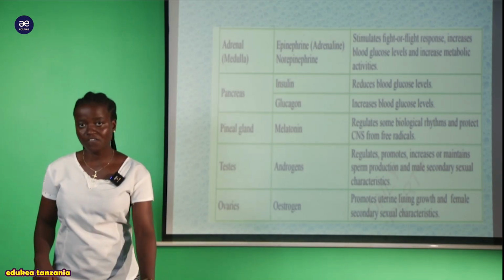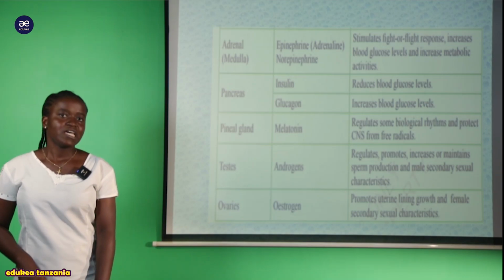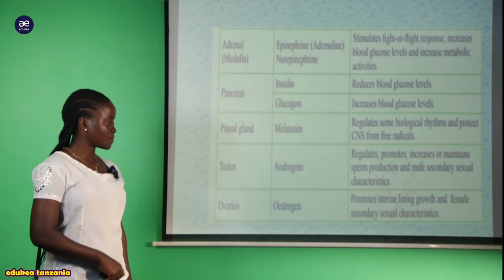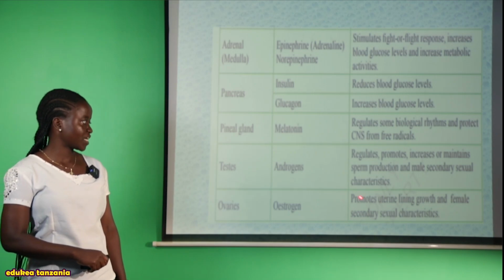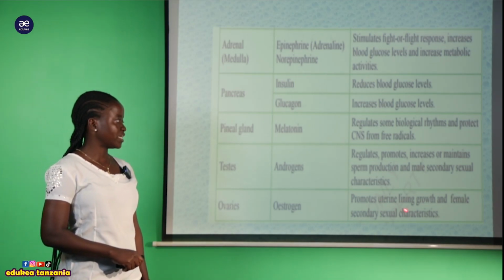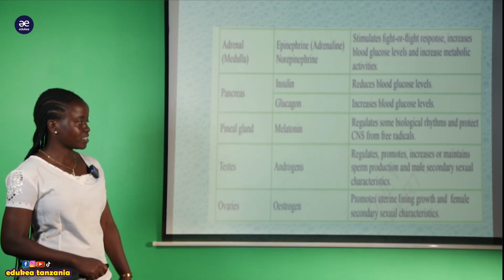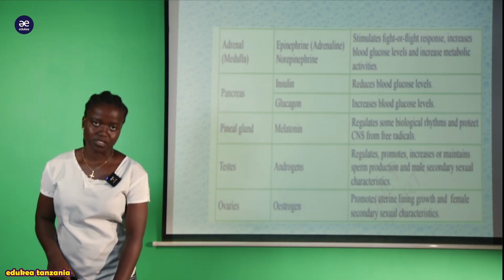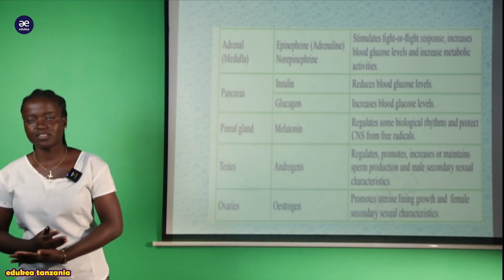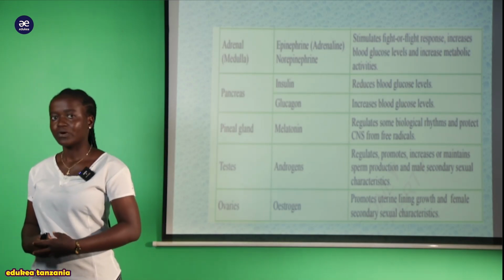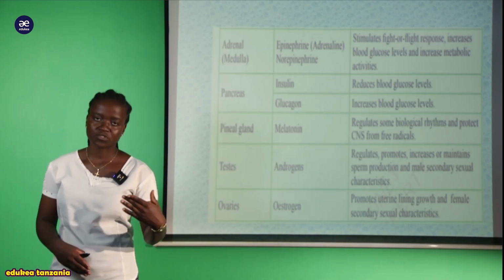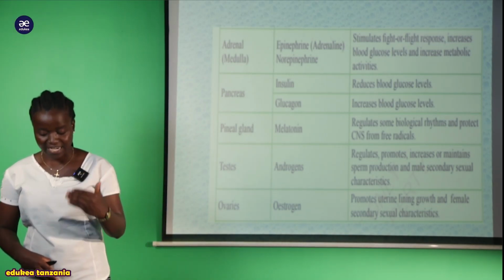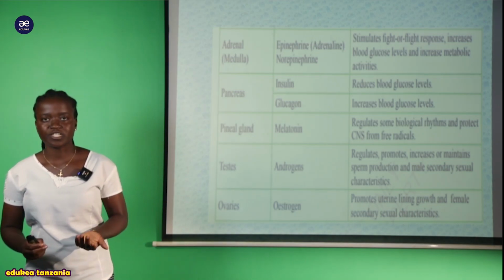Lastly, we have ovaries, which are found in the female, and this ovary is responsible for production of the hormone called estrogen. This estrogen works to promote uterine lining and female secondary sexual characteristics. Uterine lining here means your menstrual cycle. So this estrogen is responsible, and not only that, also provides the secondary sexual characteristics.